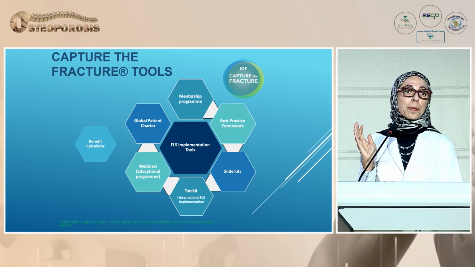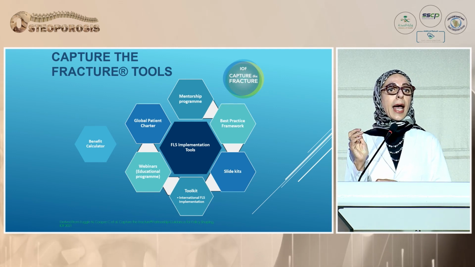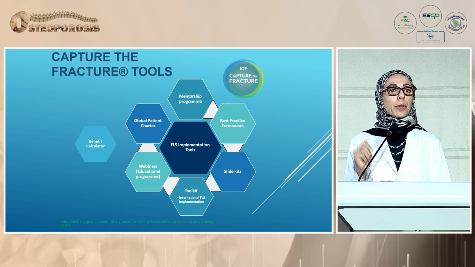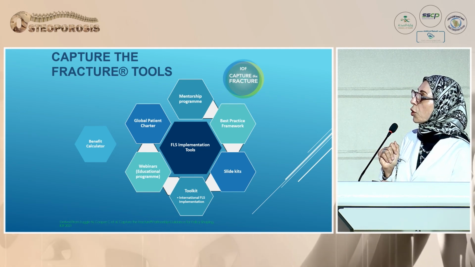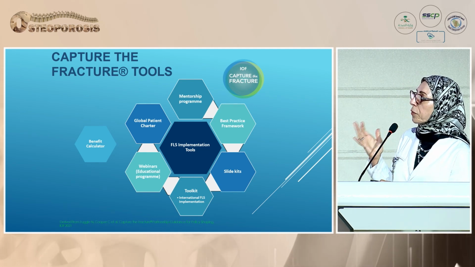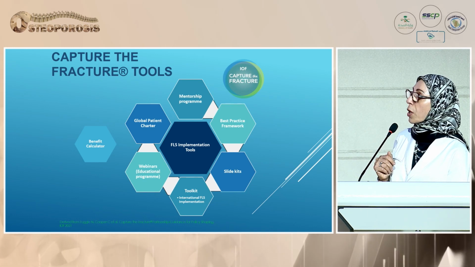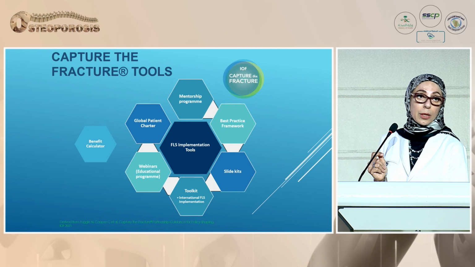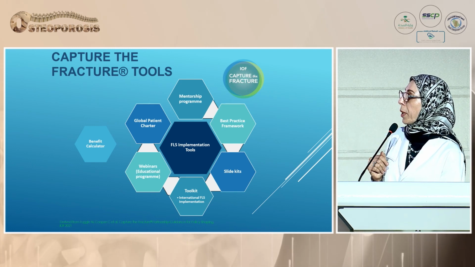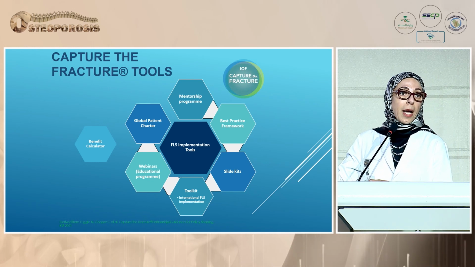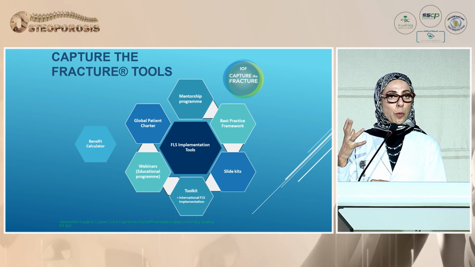If you go to the website, you will realize that they are very active and they keep publishing new evidence and new scientific research. Along with the best practice framework, they have educational material, slide kits you can use, other toolkits, webinars, a global patient charter, and mentorship programs. And you probably heard that some of us are certified by the IOF for the mentorship program.